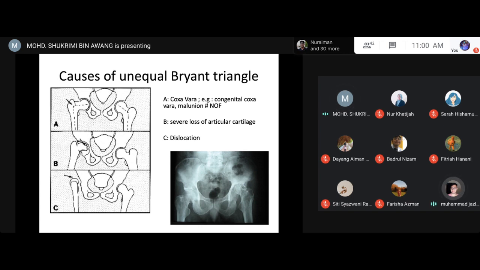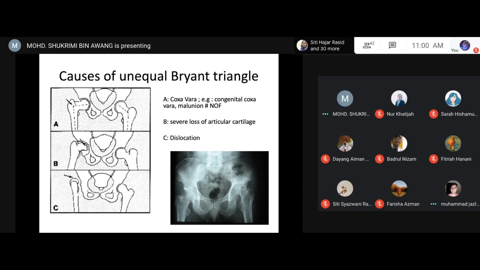There is loss of the acetabular surface, the surface of the femoral head is irregular, and there is increased density in the femoral head. Density, are you sure? Okay, next.